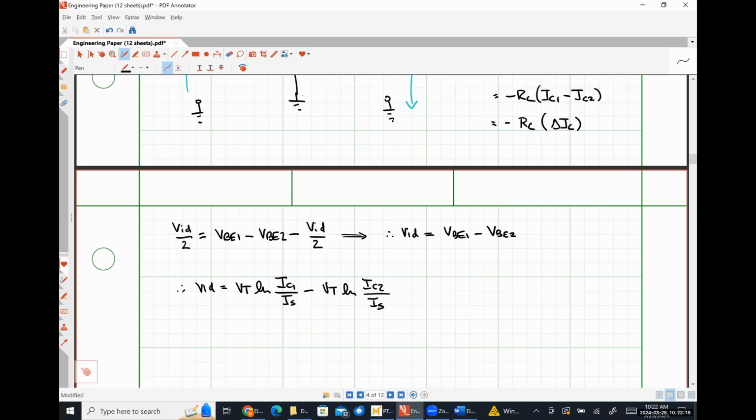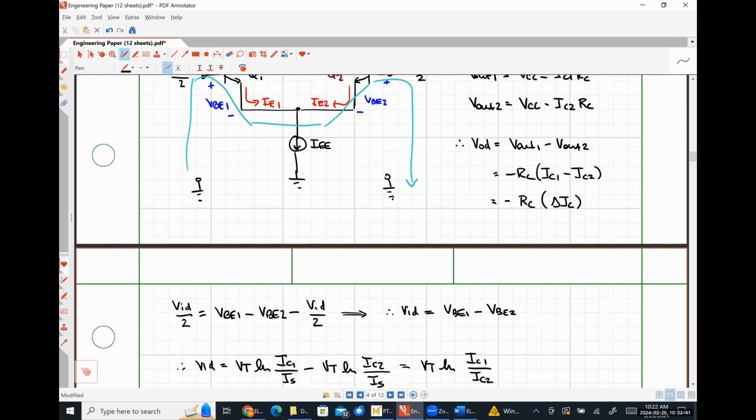And we wind up getting VT times the natural log of IC1 over IC2. We all seem to be okay with that.